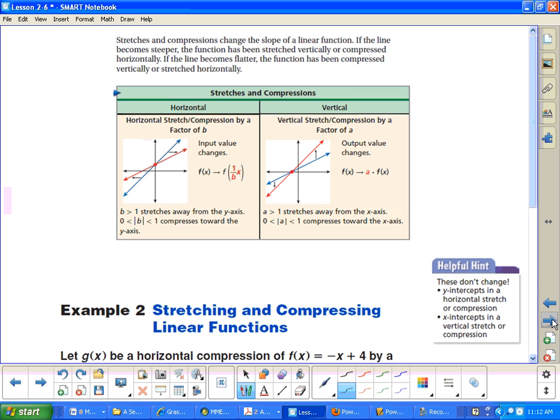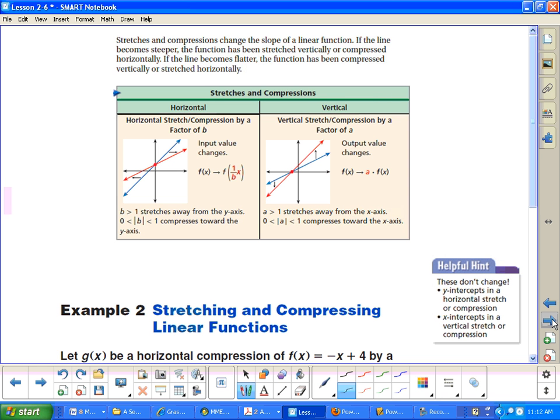All right. Now, stretches and compressions are actually probably the hardest part of it because of what happens with them. Horizontally, when I do a horizontal stretch or compression, we're actually doing a reciprocal. Here's the thing.